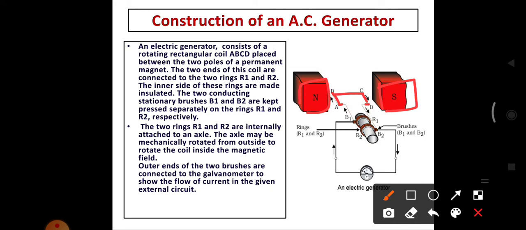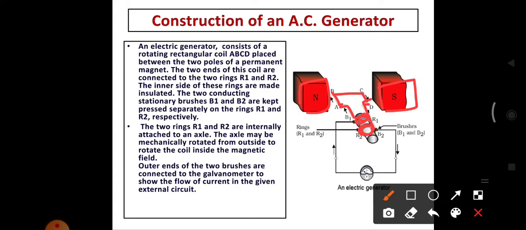The ends of the coil are connected to two rings, R1 and R2. The inner sides of these rings are made of insulator.